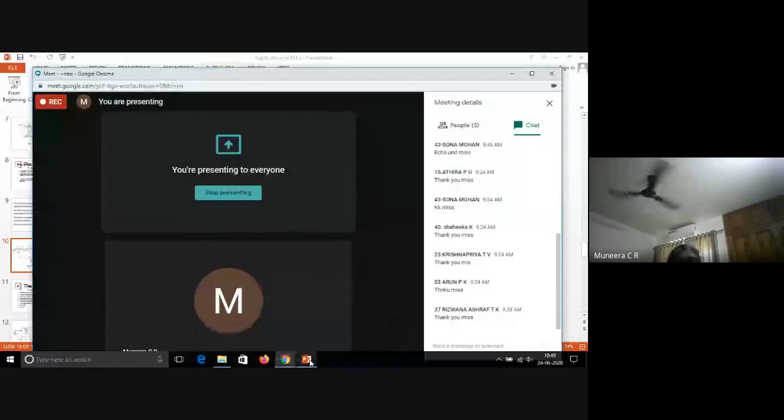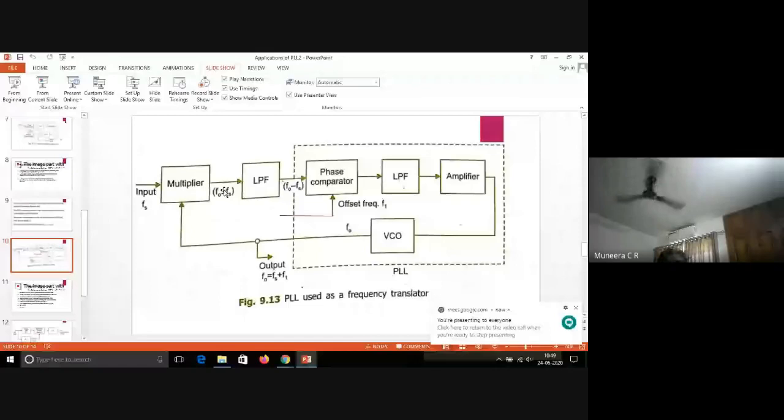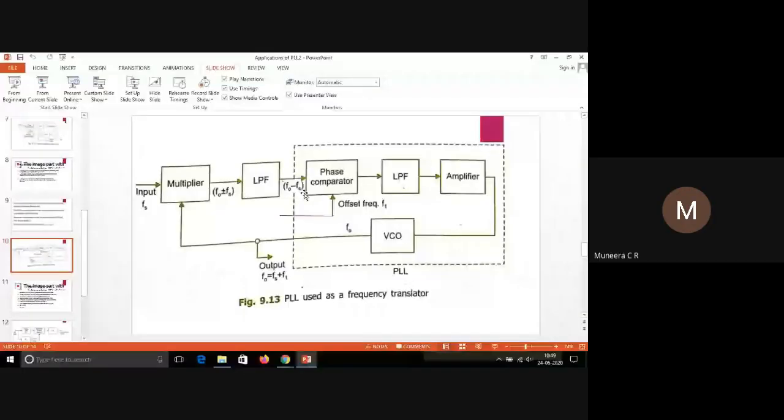So the output of the multiplier consists of some frequencies, that is Fs plus F0, and the frequency F1 minus F0. So the output of the low pass filter consists only of the difference frequency F0 minus Fs.